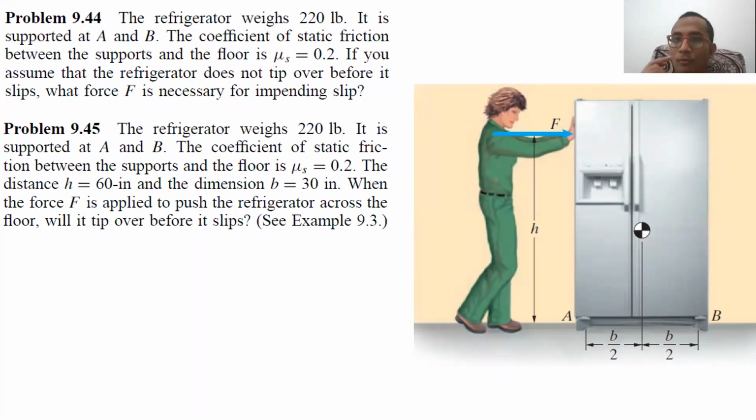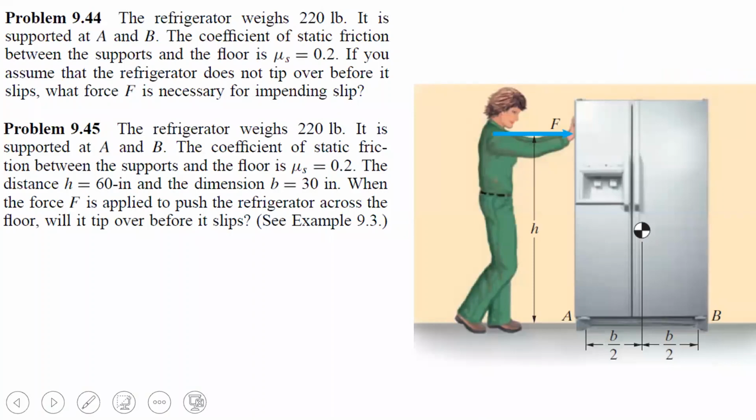So basically, I want to explain to you guys, for this kind of thing, the first thing in question, for this particular problem 9.44, is if we assume that the refrigerator does not tip over before it slips, what is the F necessary for the impending slip?